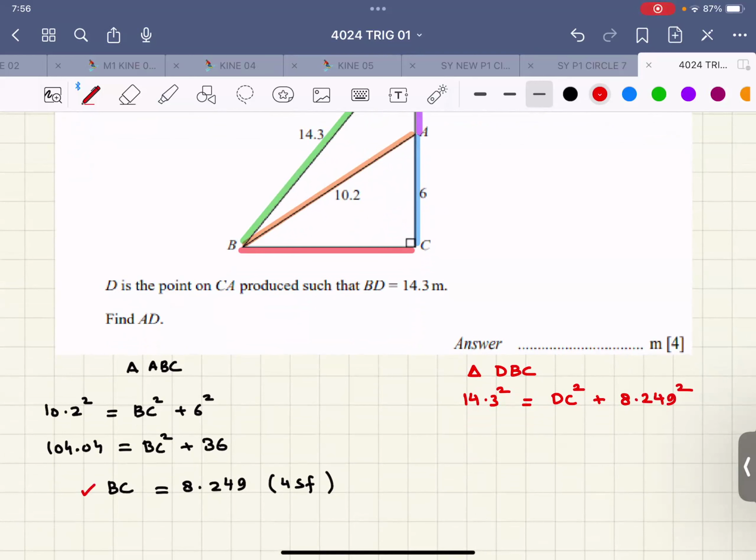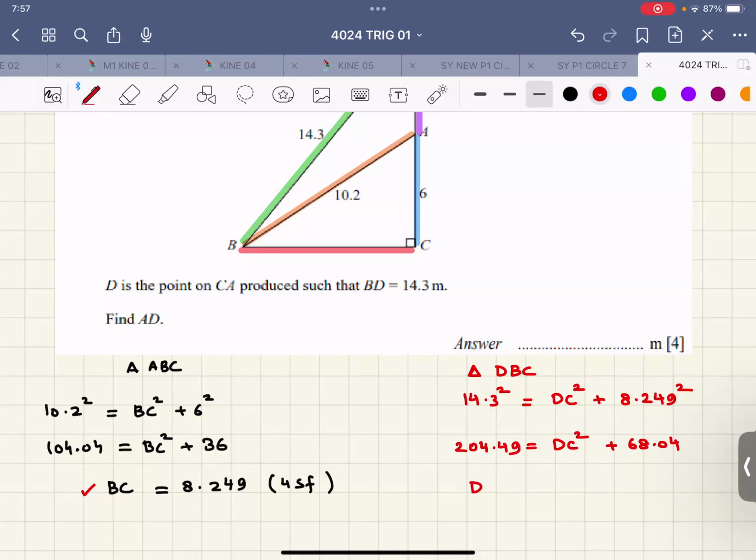That is BC. So now 14.3, first of all, let me square this. If I square this, this is 68.04. This is DC square plus 68.04. And 14.3 square is 204.49.